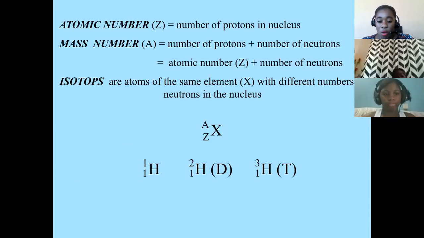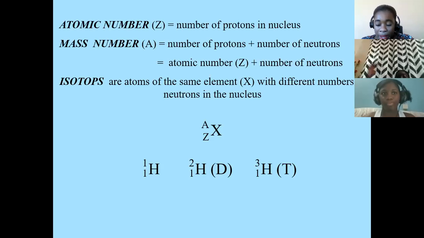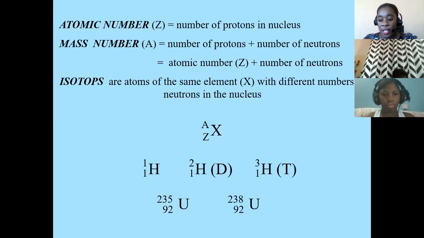Now, this is how it would look. So for hydrogen, there are 3 isotopes of hydrogen, but I'm going to go into isotopes soon. So this is how it would look. So the mass number is at the top and the atomic number is at the bottom. So some isotopes are hydrogen. Isotopes are really atoms of the same element with different number of neutrons in the nucleus.